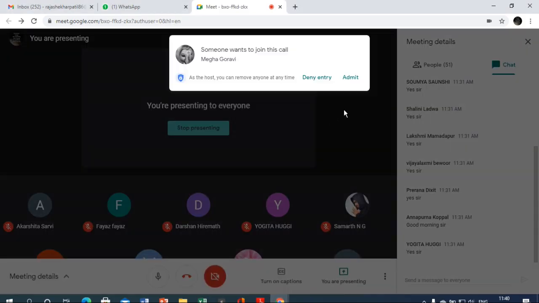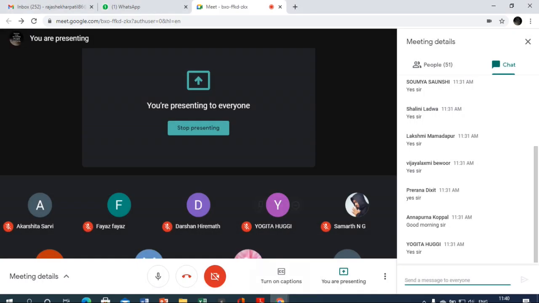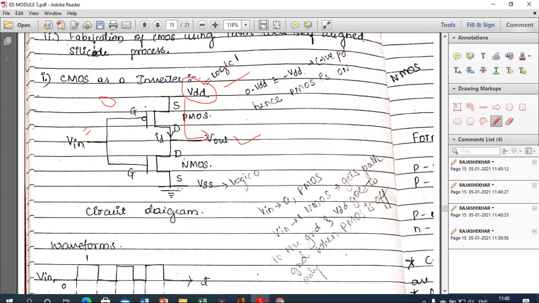Similarly, when I consider the NMOS transistor, for NMOS, again it has three terminals, that is gate, drain and source, where gate is the input and source is used to connect the supply.